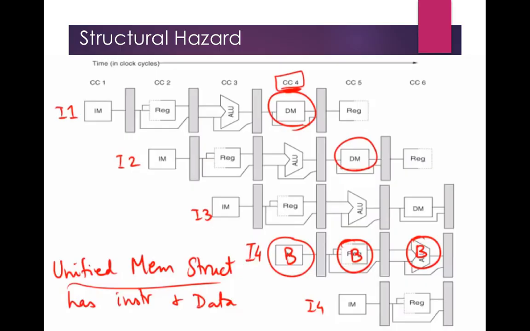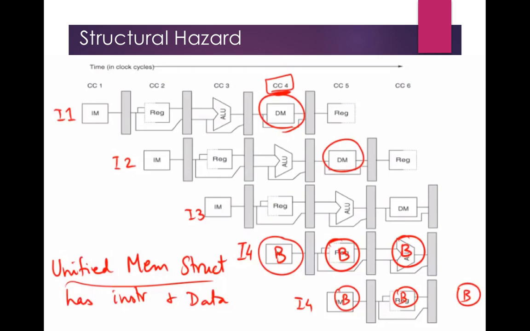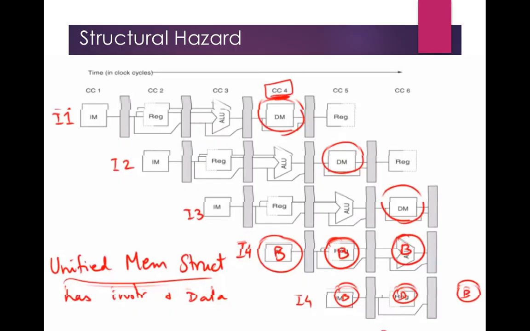When we go for DM, that is instruction 2, that is the time we store the result again, at clock cycle 5. At clock cycle 5 the conflict occurs again, so instruction 4 cannot be done at that time, and again we go for a bubble.